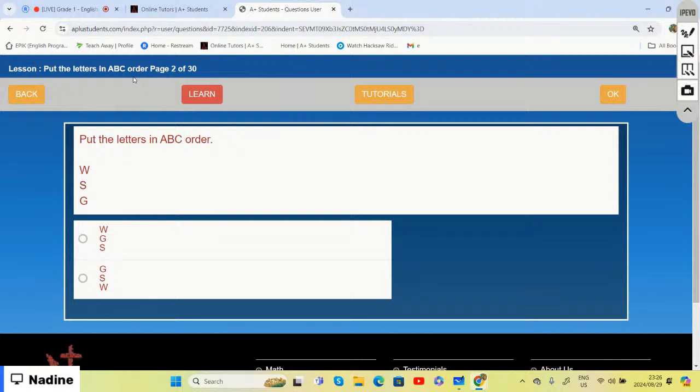All right. So we see that we must put the letters in order.